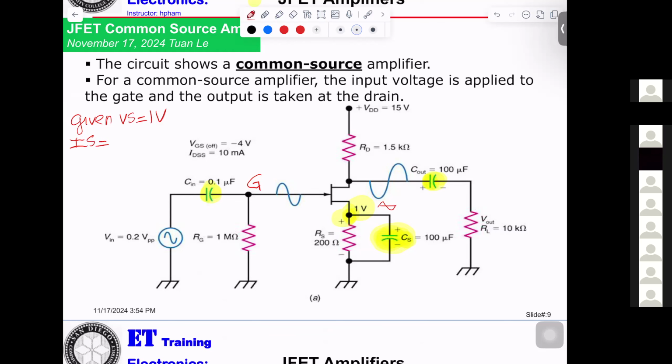IS is equal to 1 volt divided by 200 ohms. Exactly. VS divided by RS, 1 volt divided by 200 ohms.